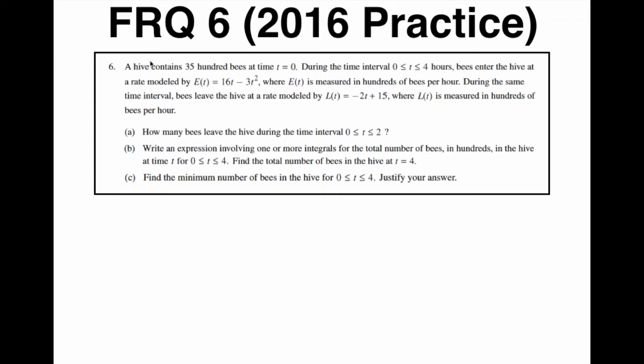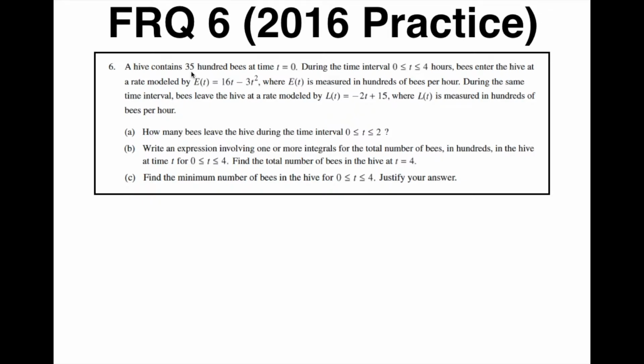So, there's a few things we can talk about here. First of all, notice that E stands for enter and L stands for leave, so this helps us not mix these two functions up. Secondly, the units are a little bit strange. At the beginning there's 3,500 bees, but you should stick to this number 35, and the unit is hundreds of bees.